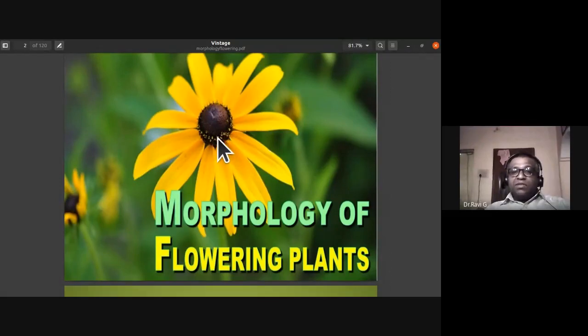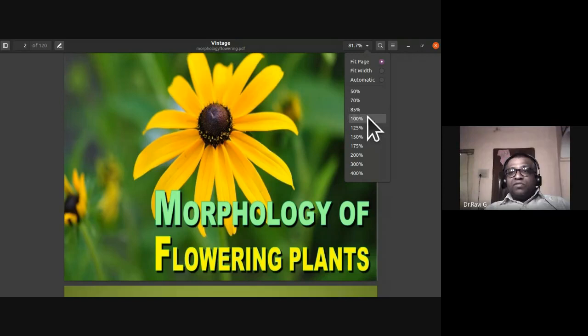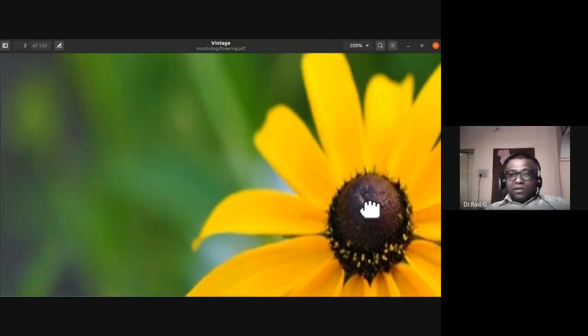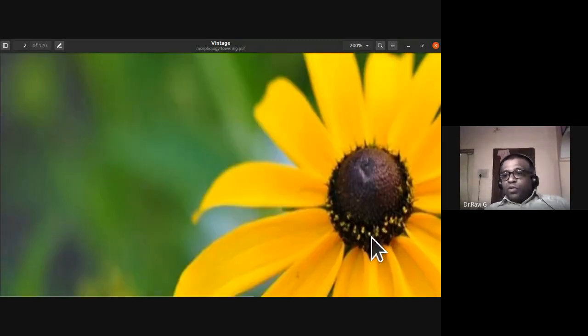And on the disc, you find numerous small flowers. You can notice it. I'll just zoom it. On this disc, you can notice numerous tubular-shaped flowers. We call them disc florets. So there are ray florets as well as disc florets. So it's a bouquet of flowers.